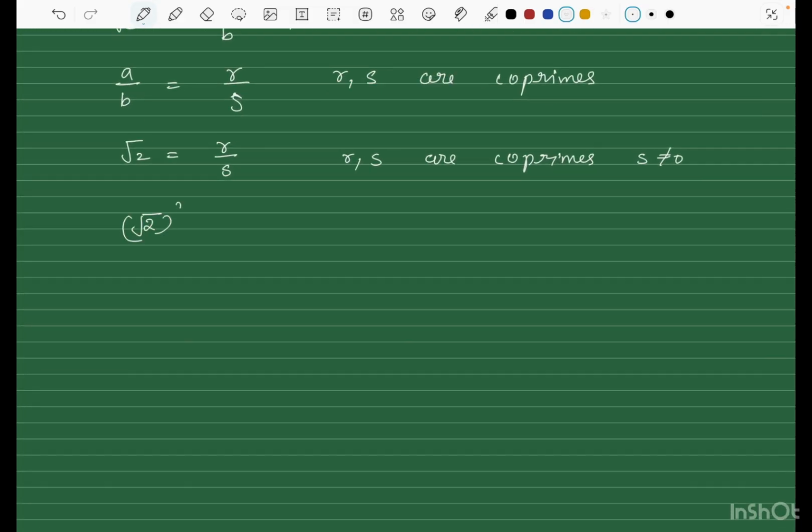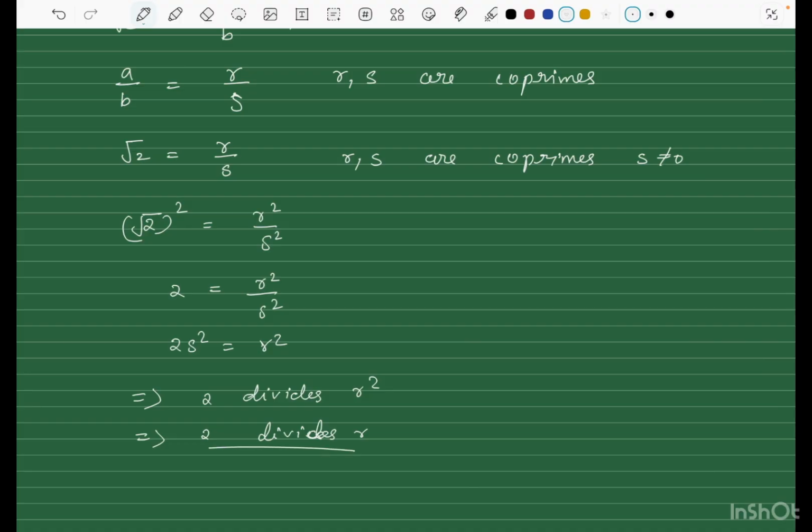Squaring both sides, we get root 2 square is equal to r square by s square. That is 2 is equal to r square by s square. Then we can write 2 into s square equal to r square, which implies 2 divides r square, which implies 2 divides r.